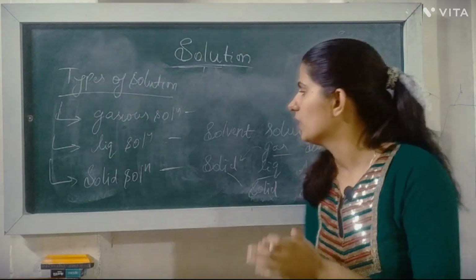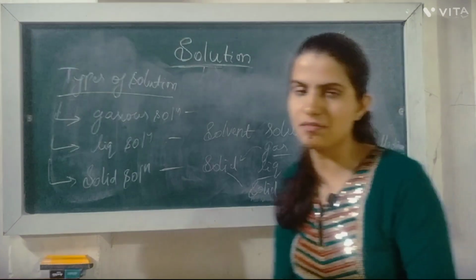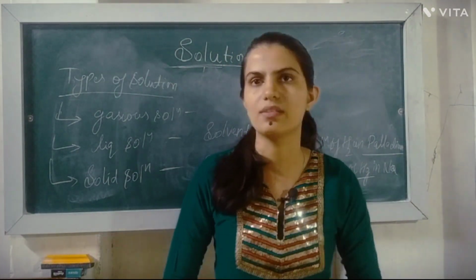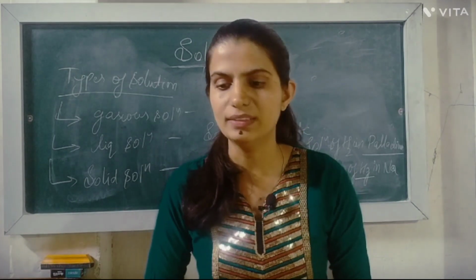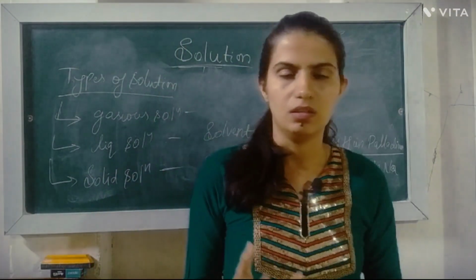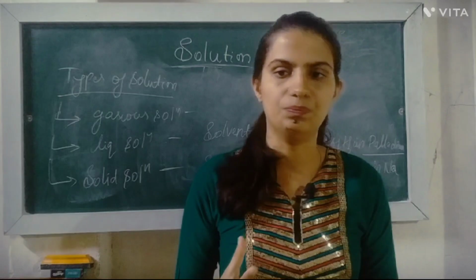So you may ask, ma'am, why do we need to study concentration terms? What is the meaning of concentration? Let's consider I have 2 glasses of water. To 1 glass of water, I have added 1 spoon of salt. To another glass of water, I have added 20 spoons of salt.